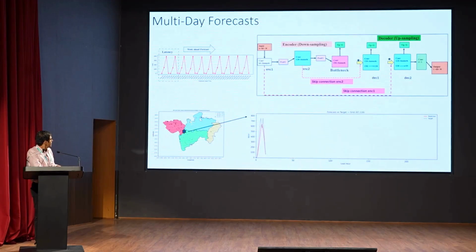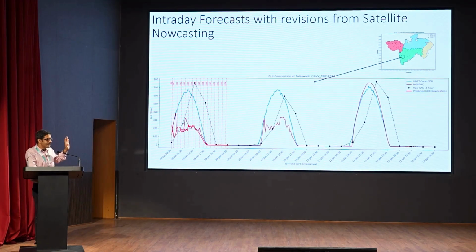Now the question of course will come: if you have nowcasting, why do you need 1 day ahead forecast, or if you have 1 day ahead forecast, why do you need nowcasting? So I'll explain it like this. You can see the black line, which is the coarse resolution model output. The blue lines are the 1 day ahead forecast.